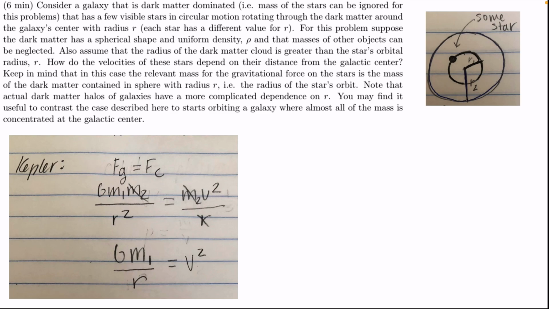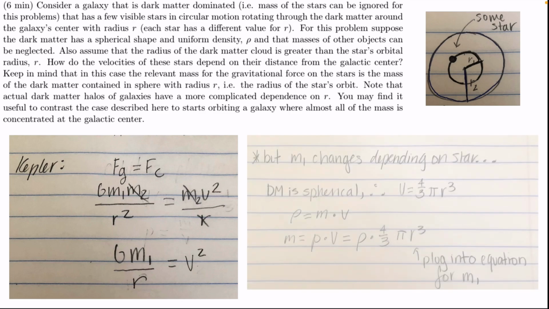And initially you might think that we can already see the relationship between r and v squared, but the key thing about this problem is the fact that the mass of that dark matter is going to depend on R1. Since this is a weird situation that I haven't personally seen as much, in which the smaller mass is literally inside the bigger mass, that's something we're going to have to account for.